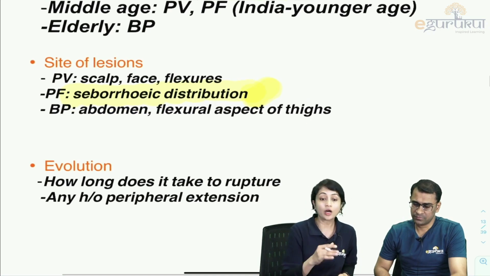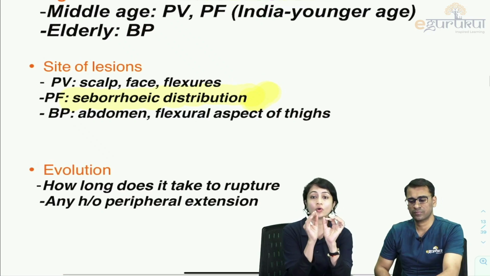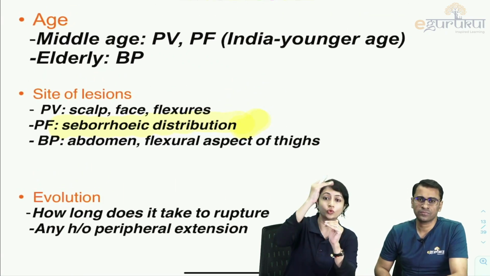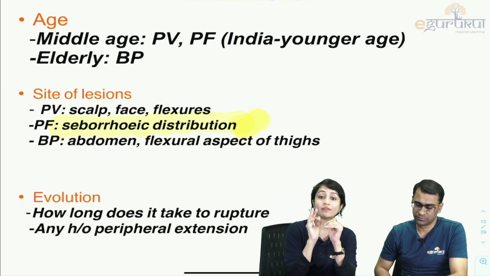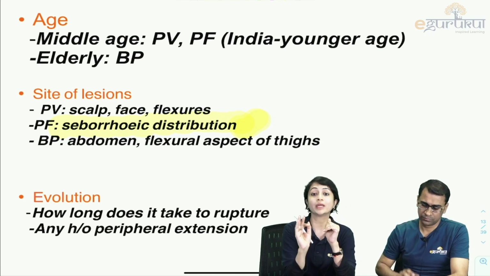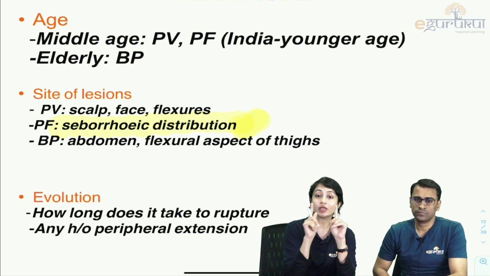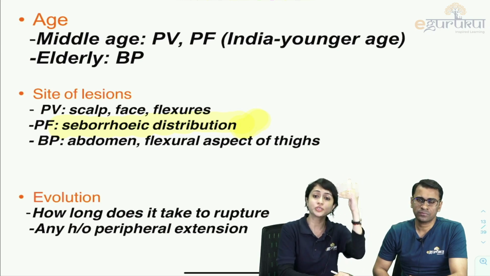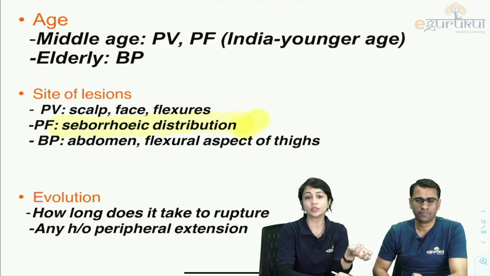Then, how do the lesions evolve? As I already told you, a pemphigus patient will have only a little part of the epidermis as the roof, so it will have a tendency to break more easily. In that also, as Dr. Praveen said, foliaceus is just subcorneal. So just imagine a thin layer of stratum corneum forming the roof.